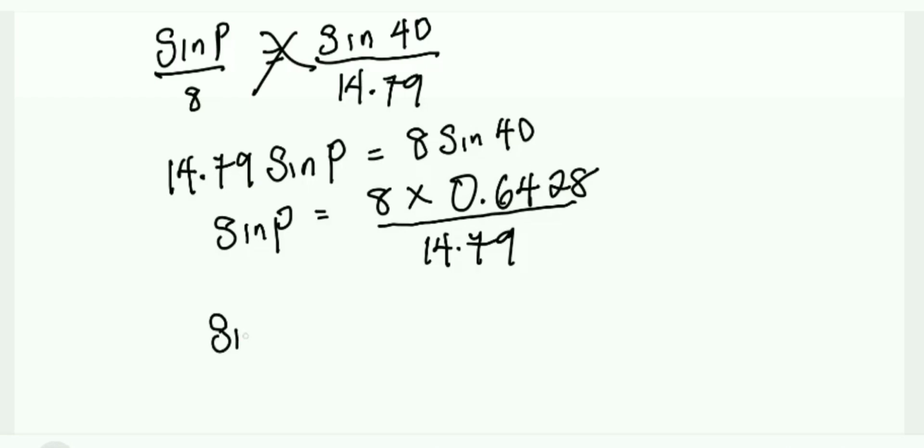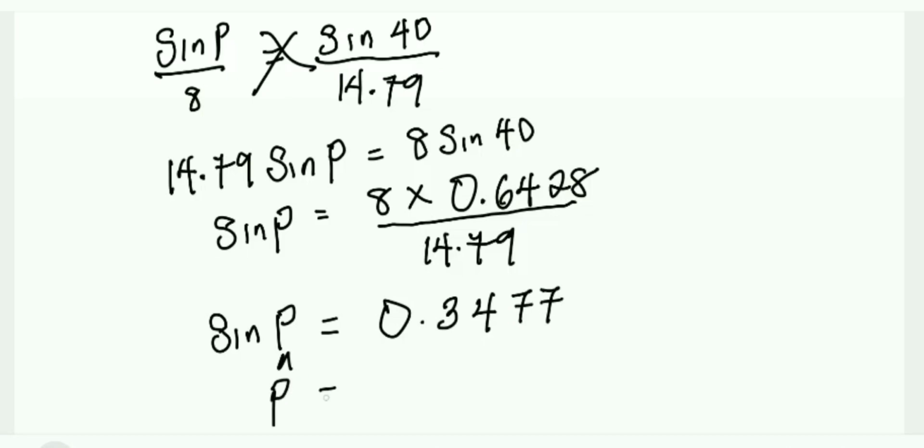So sine P is equal to, you're multiplying now, 8 times 0.6428 divided by 14.79, which is 0.3477.